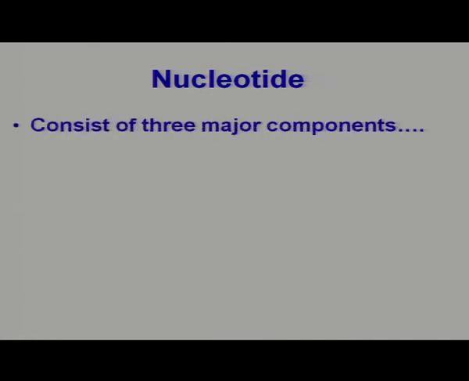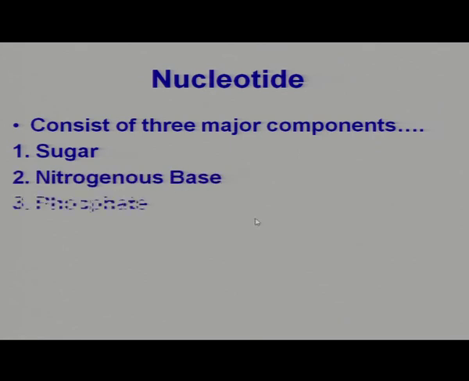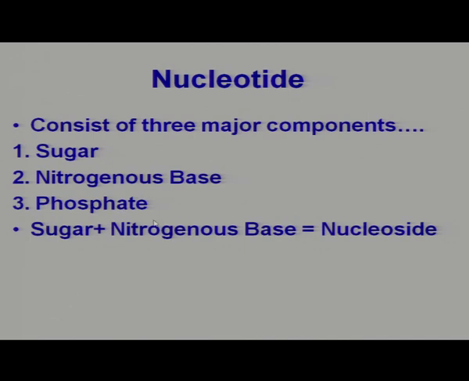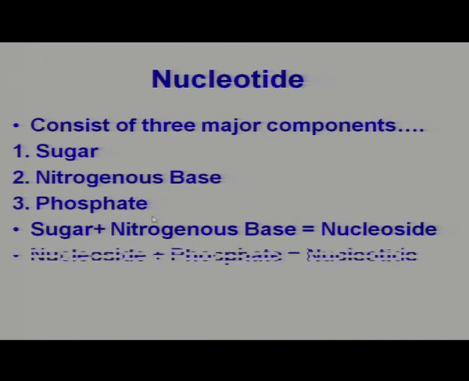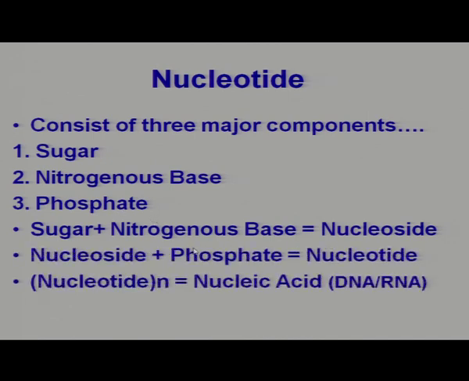Now, what are nucleotides? Nucleotides consist of three major components. One is sugar, that is carbohydrate. Second one is nitrogenous base. Third one is phosphate molecule. These three major components combine together to form one nucleotide, and many of the nucleotides combine to form nucleic acid, that may be DNA or RNA.